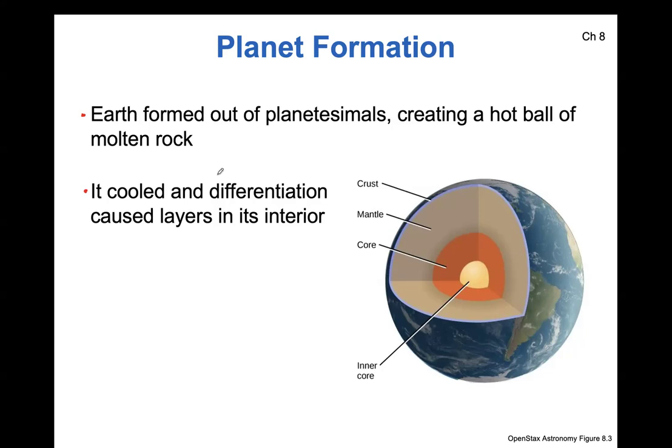As cooling occurred, as the planet was able to cool enough for the surface to become completely rigid and solid, there was a sinking of the denser material and a rising of the less dense material, and that is what we call differentiation. So it's a separation, but the term is differentiation, and that causes layers in its interior.